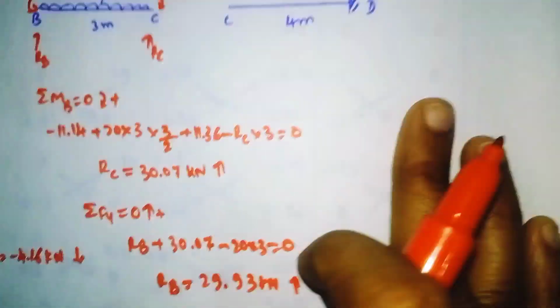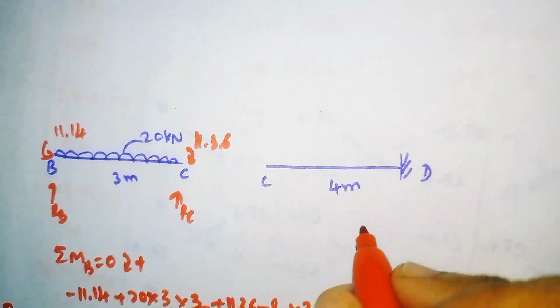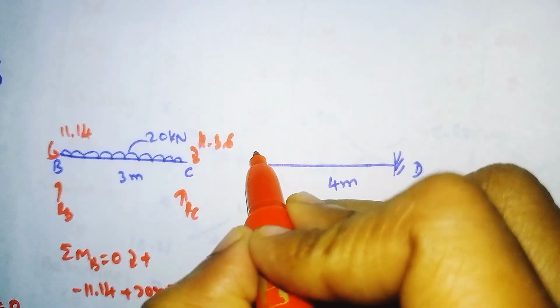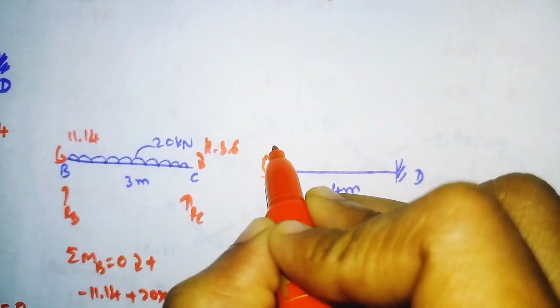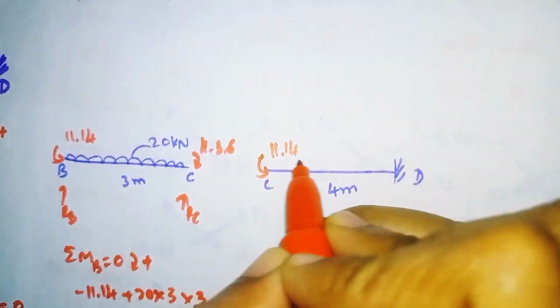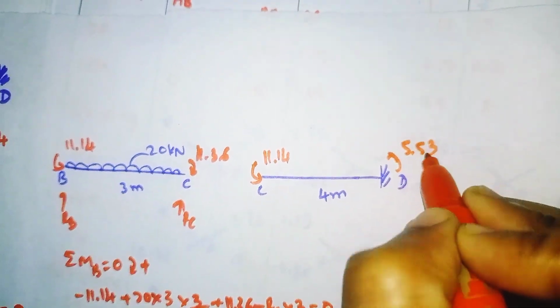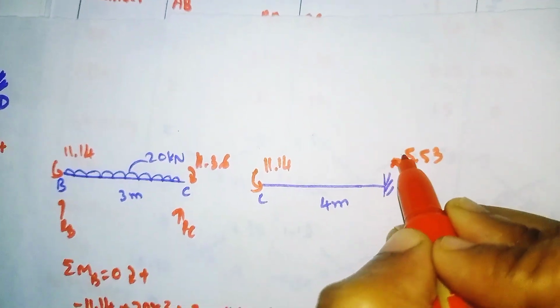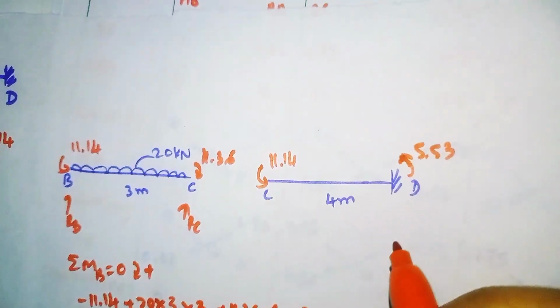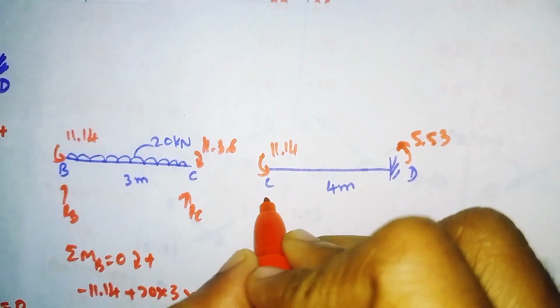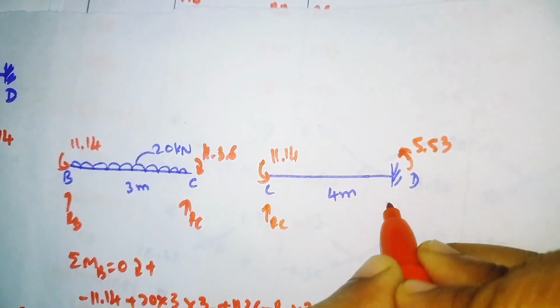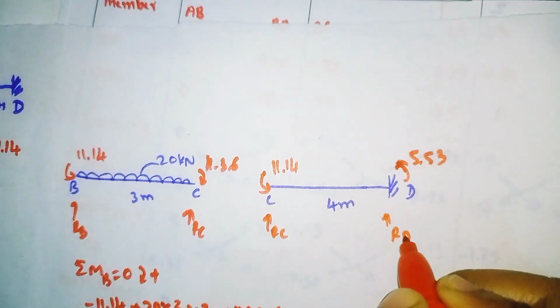So it's anti-clockwise, minus 11.14 and minus 5.53. We don't need to put the negative sign because the symbol itself says the value is negative. And here reaction RC takes place, here reaction RD takes place.